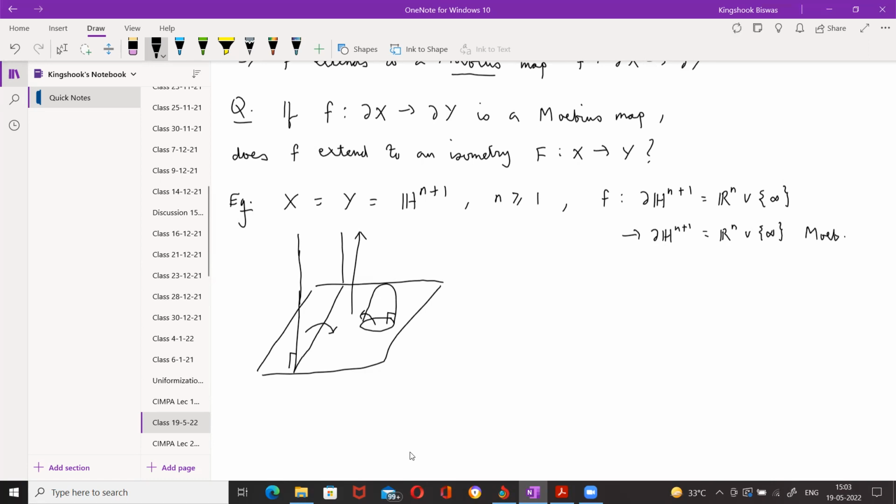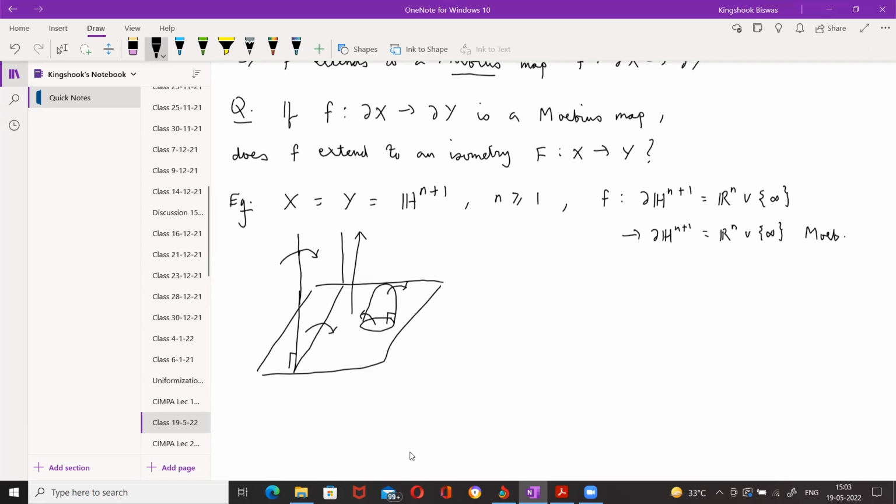So the reflection in the hyperplane will extend to a reflection in the hyperplane perpendicular to the boundary from the upper half space to itself. And this inversion in this small lower dimensional sphere will extend to an inversion in the higher dimensional sphere, which will map the upper half space to itself because it makes right angles with the boundary.